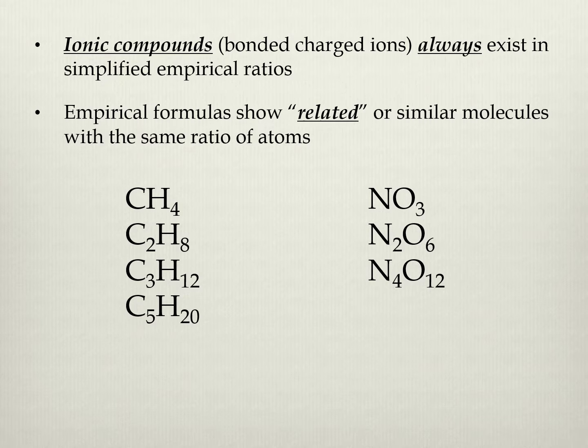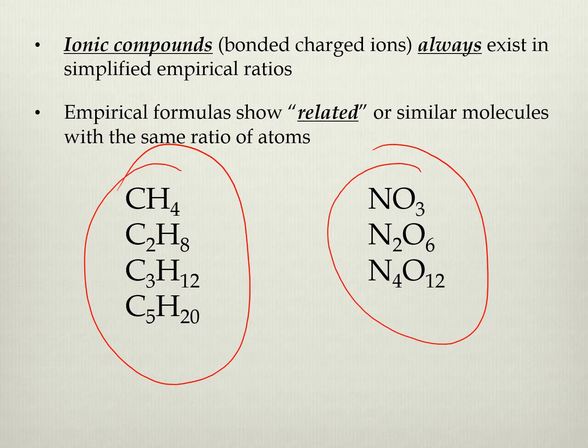And again, these empirical formulas always show these related relationships. So all of these guys over here all have the same empirical formula. Everything over here has the same empirical formula, and they're all related to each other structurally because they all can be reduced to that one basic ratio of 1 carbon and 4 hydrogens, or in the other case, 1 nitrogen and 3 oxygens.